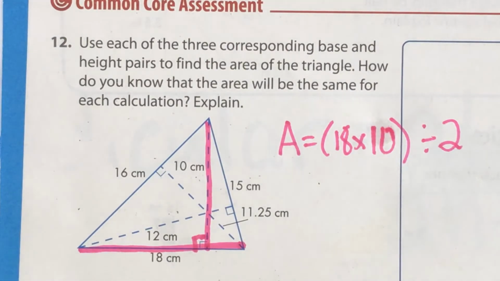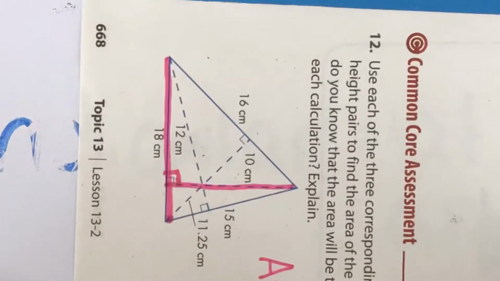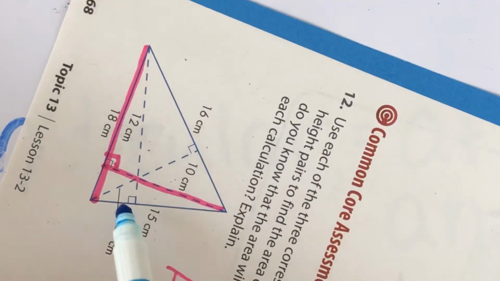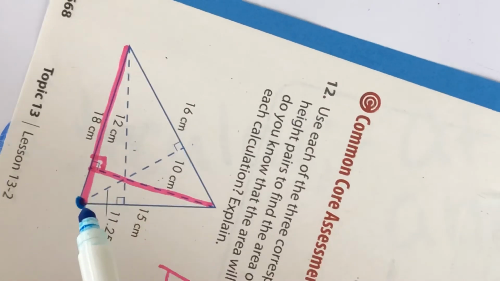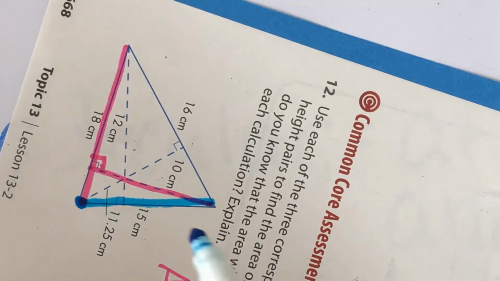Another way we can find the area of this triangle, let me get a different color marker, okay? If I flip this like this, okay, I see that the base this way is 15, right here, this 15, okay? So what is the corresponding height with 15?